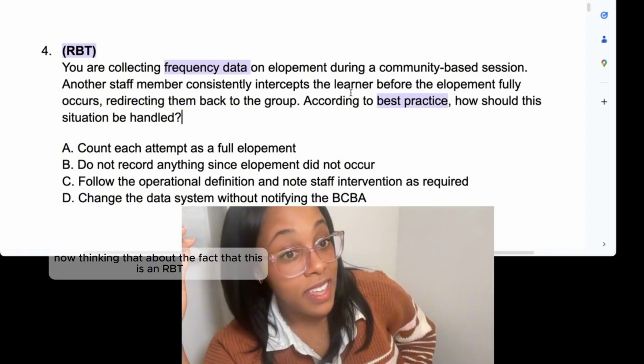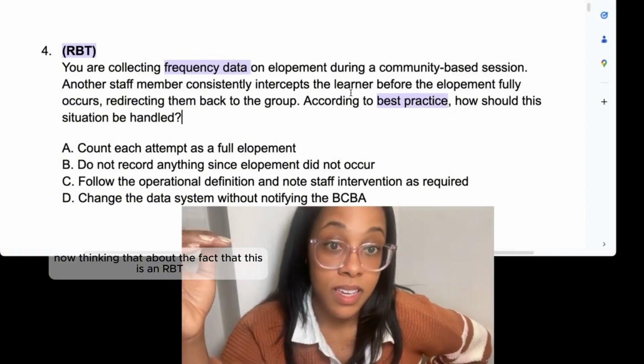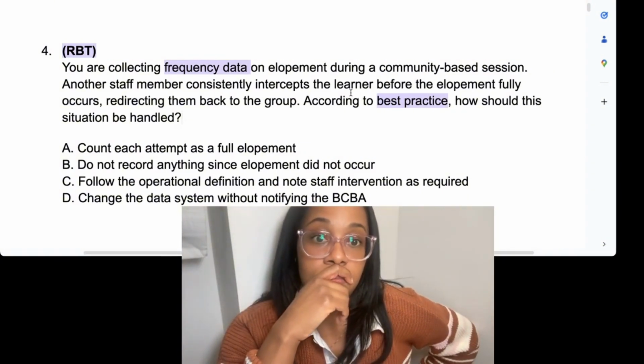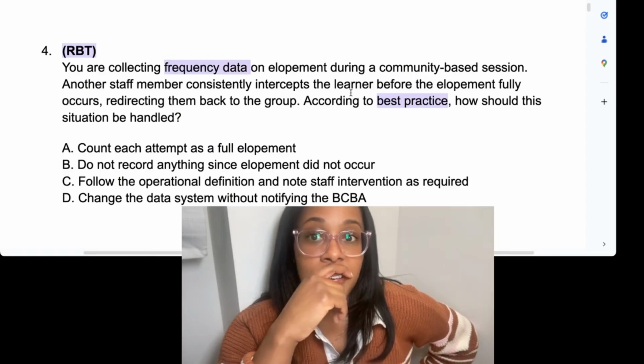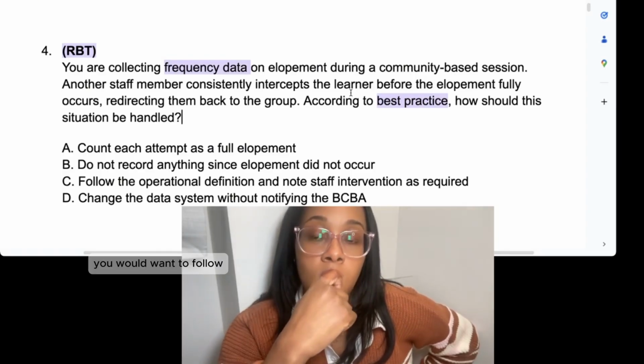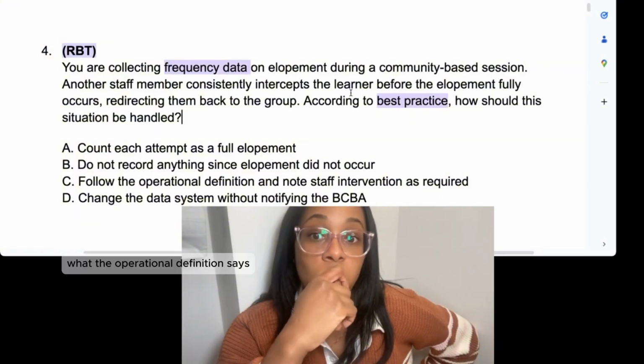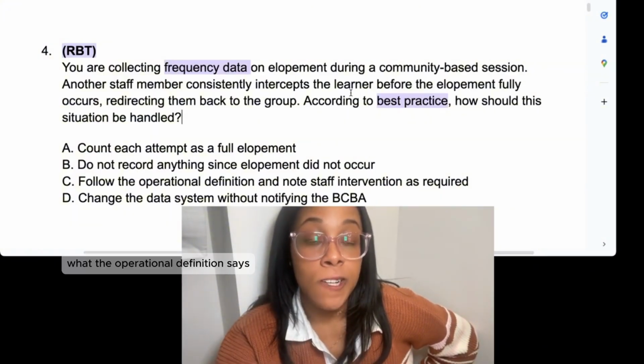Now, thinking about the fact that this is an RBT, you would want to follow what the operational definition says.